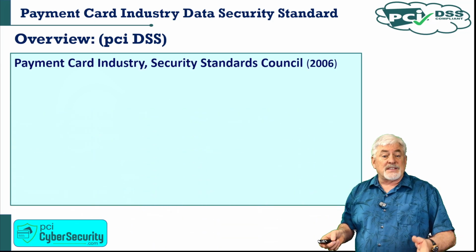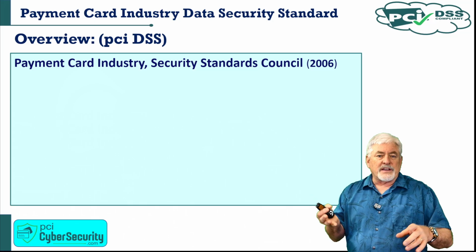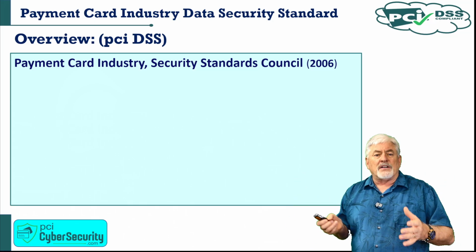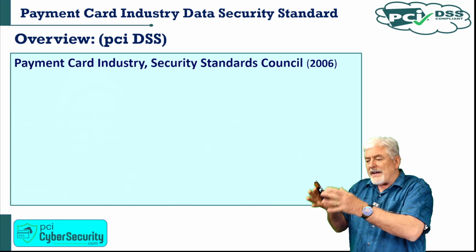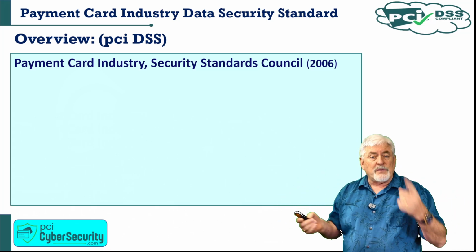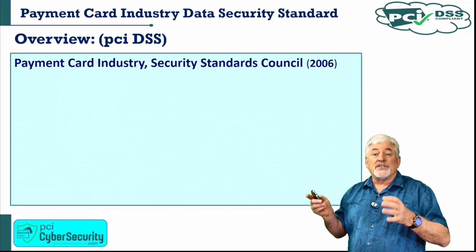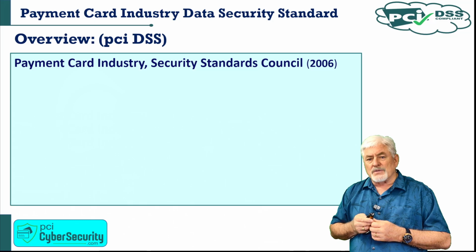In 2006, the card brands, Visa, MasterCard, American Express, Discover, etc., all got together and said, look, why do we have so many different standards for all of the merchants that want to use our cards? Why don't we just have one? So they decided to form the Payment Card Industry Security Standards Council.